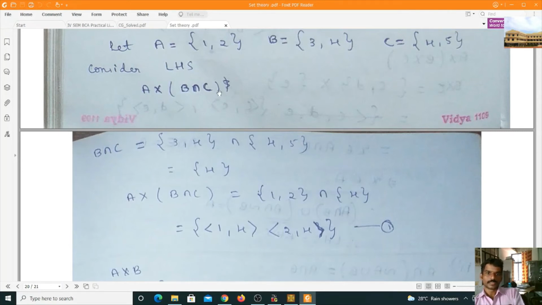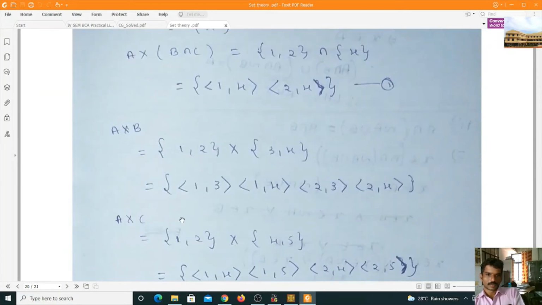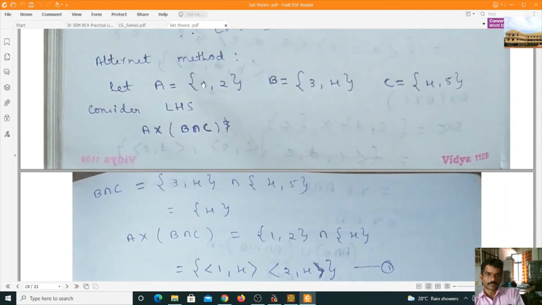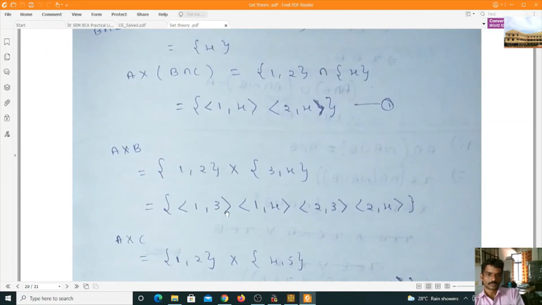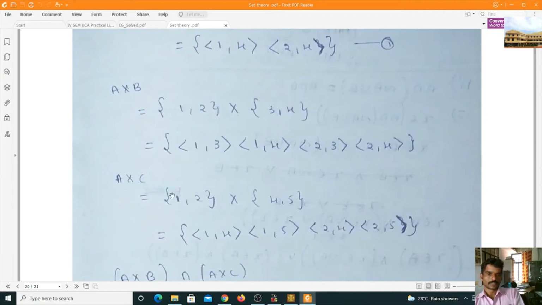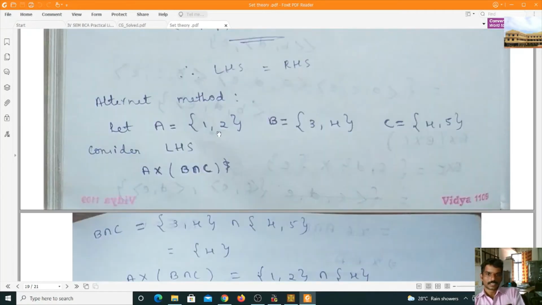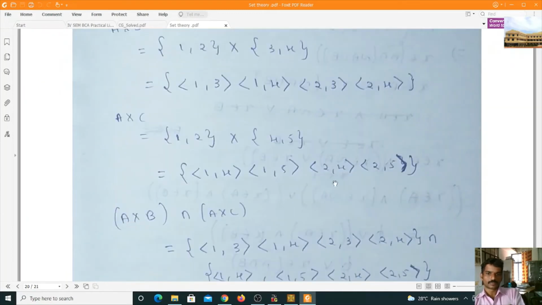A cross B intersection C: 1,4 and 2,4. Now A cross B: 1,3; 2,3; 1,4; 2,4. Similarly A cross C: 1,4; 1,5; 2,4; 2,5.